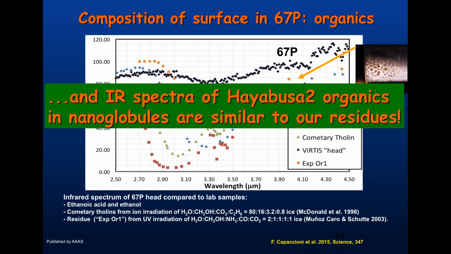But a much better confirmation is delivered by the recent results from JWST on organics in these nanoglobules, because there is a clear resemblance between the spectra of the organics in the Ryugu asteroid and the residues that we produce. But you will need to wait a little bit to know these results.